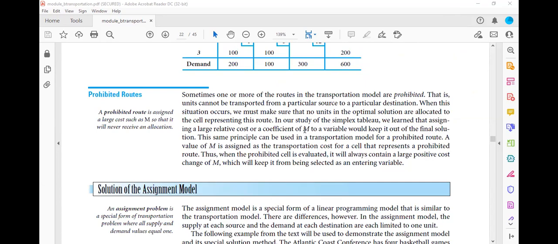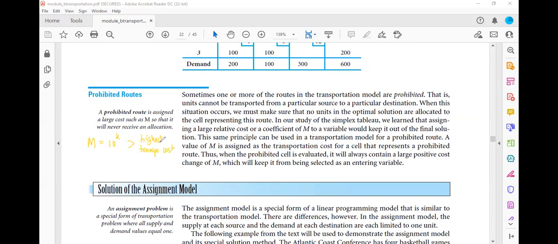Ang gagawin natin, similar to what we did in the linear programming method, yung M natin will be, okay, so let me just emphasize this. So our M will be the lowest power of 10 higher than the highest per unit transportation cost.